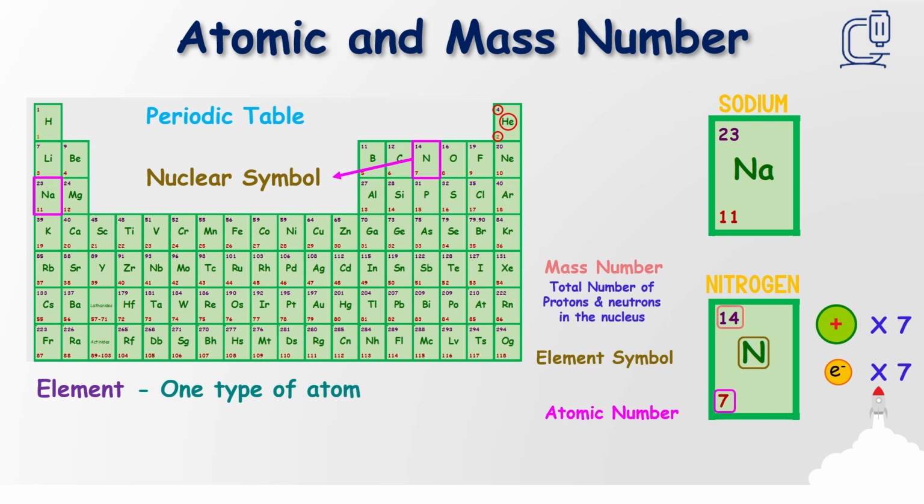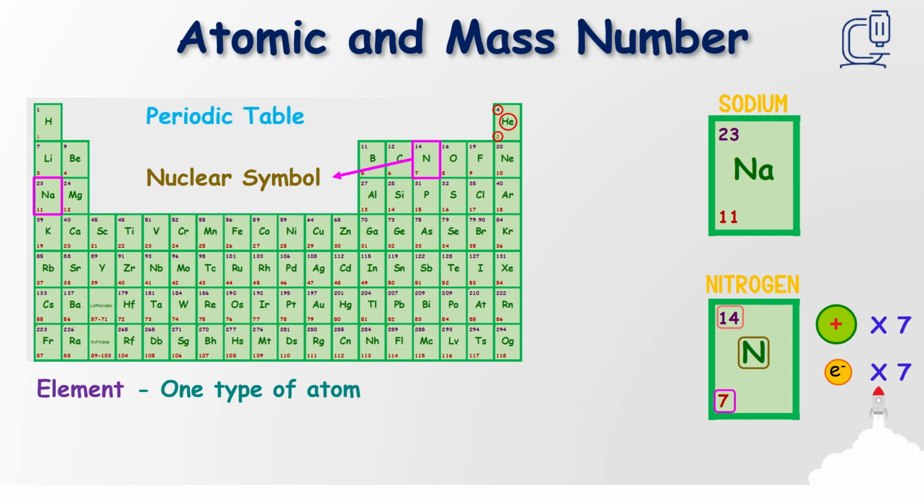So if we wanted to know how many neutrons nitrogen had, we would take the mass number minus the atomic number, which in this case would be 14 minus 7, which gives us 7. So there are 7 neutrons in nitrogen.